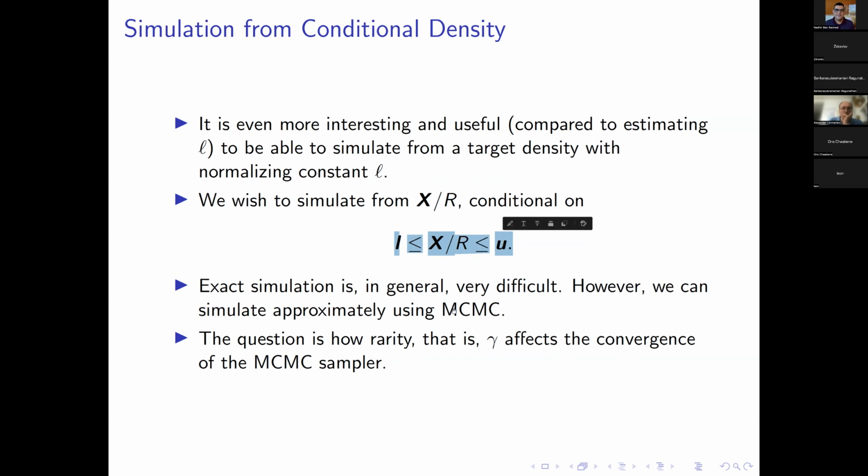So somehow we need to characterize the efficiency of Markov chain Monte Carlo when the goal is to simulate a rare event. So Markov chain Monte Carlo may ultimately converge to the distribution conditional on the rare event, but this may happen very slowly, and it may be hampered by the rarity of the event.